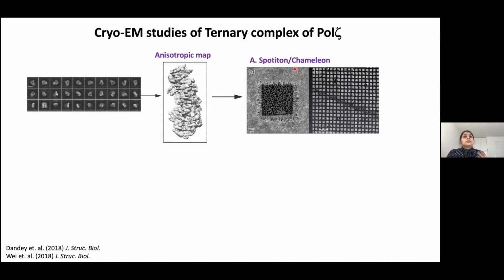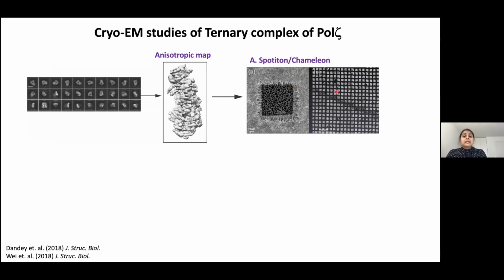Chameleon is a robotic plunge freeze system which uses self-wicking nanowire grids. The cool thing about it is that you can vary the spot to plunge times, which enables you to overcome the preferred orientation problem.